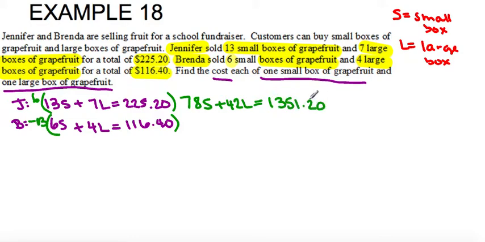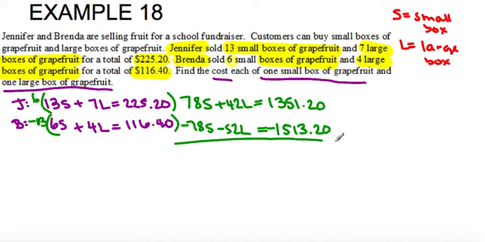The bottom, I'm multiplying negative 13 times 6, which is negative 78S, and then negative 13 times 4, which is negative 52L, equals negative 13 times 116.40, which is negative 1,513.20.